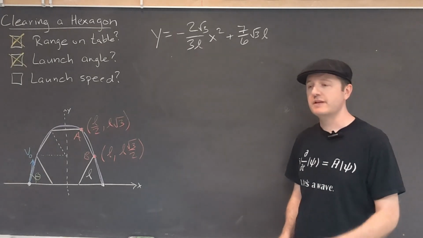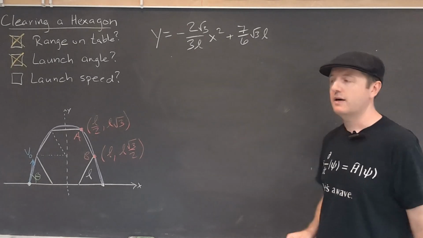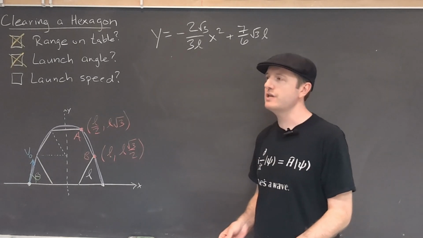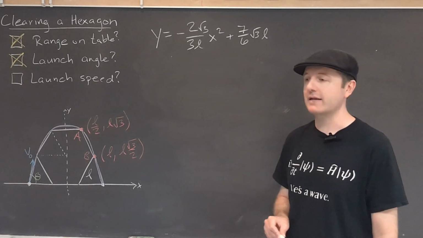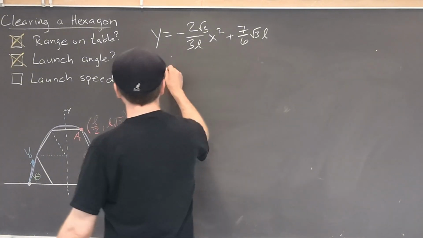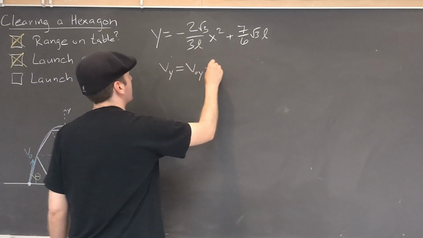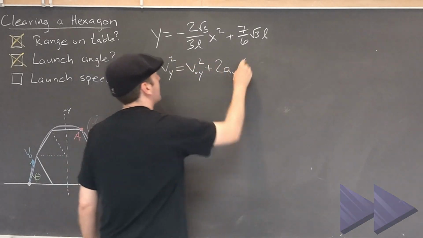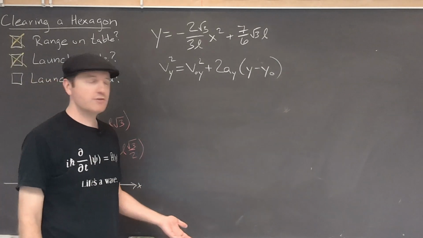Okay, to finish this off, let's actually switch to some physics. You could either use conservation of energy, or more specifically, I think I'm going to use vertical kinematics. So we have constant acceleration, which means I can write down the velocity in the y direction squared using our time-independent constant acceleration kinematics equation.